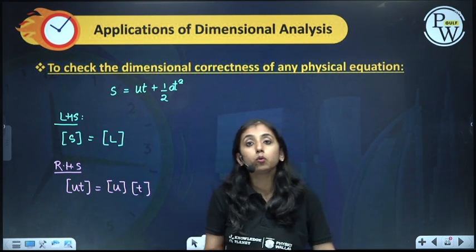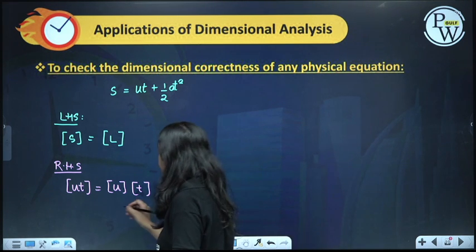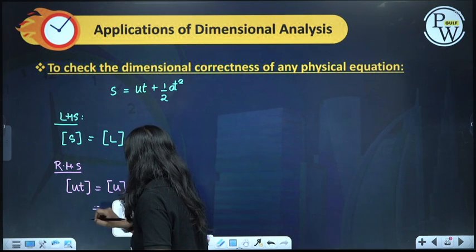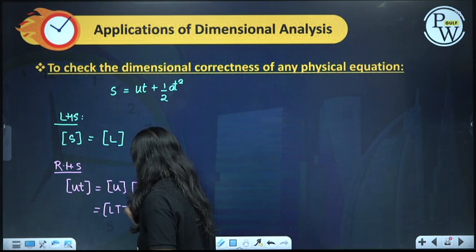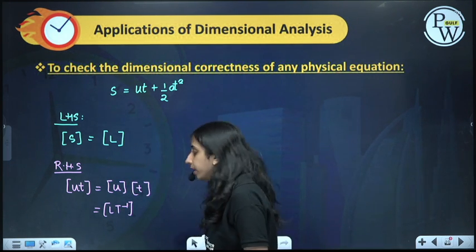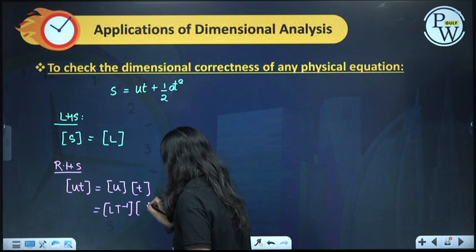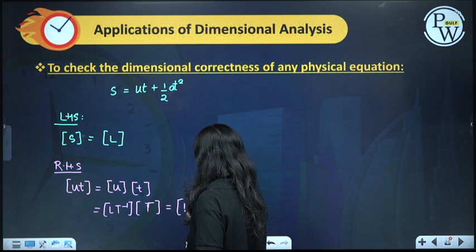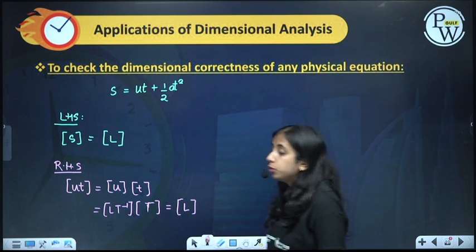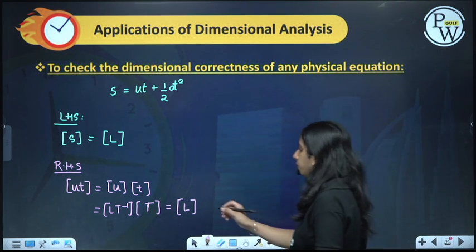U is my initial velocity. So velocity will have the dimensions of displacement per unit time, so LT minus 1 into T, that will come out to be L only. So ut has the dimensions of length.